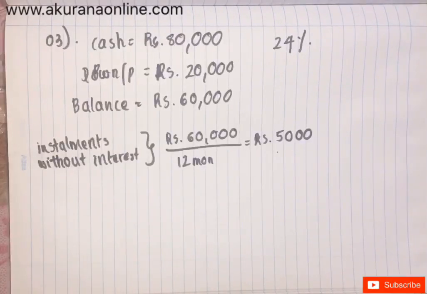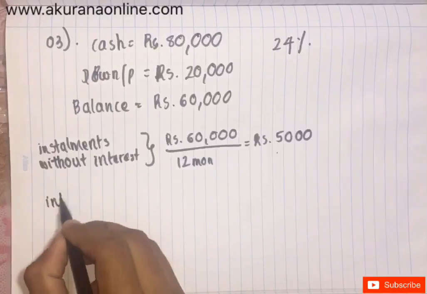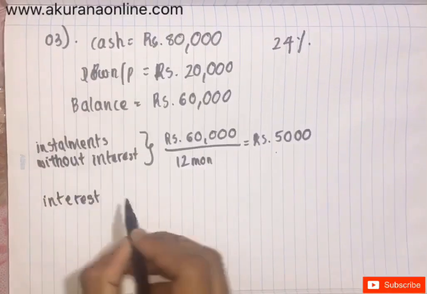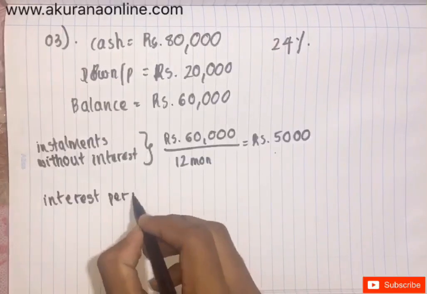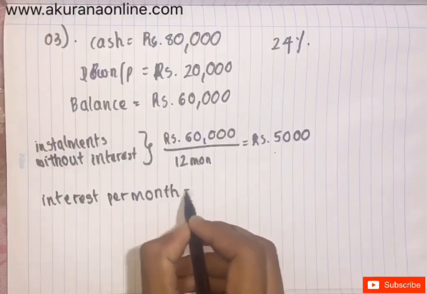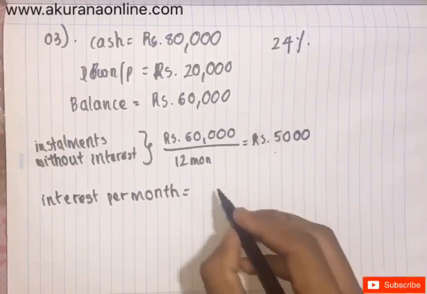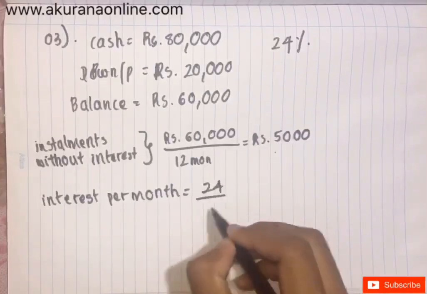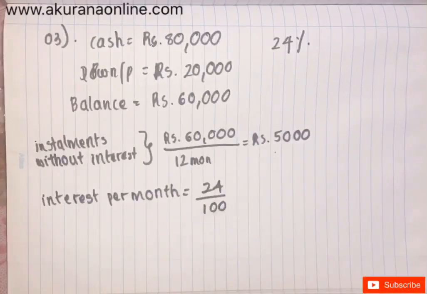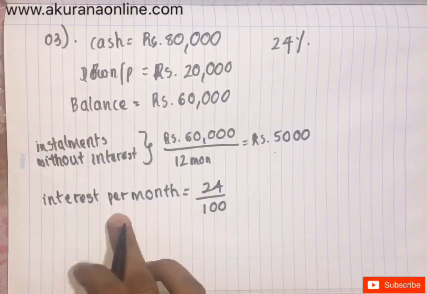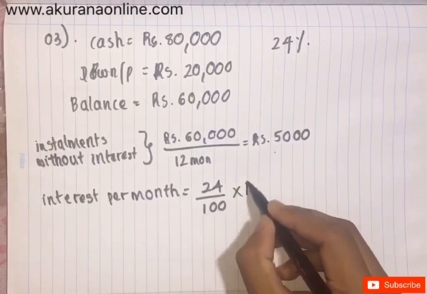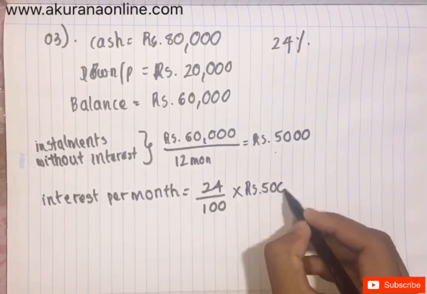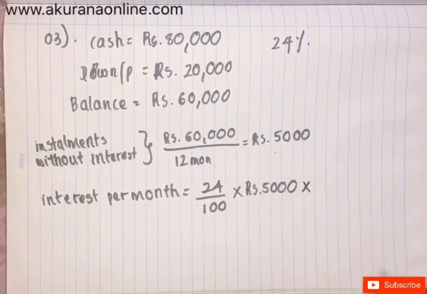Now let us find the interest for 1 month. The interest rate is given, 24%. So 24 for 100 means what is the amount that should be paid per month? That is equal to 5,000 multiplied by 24 over 100.